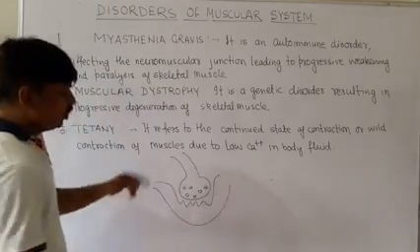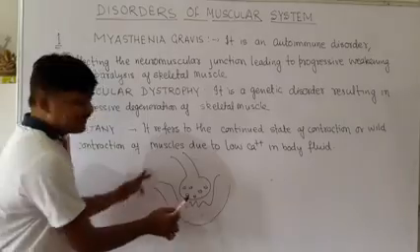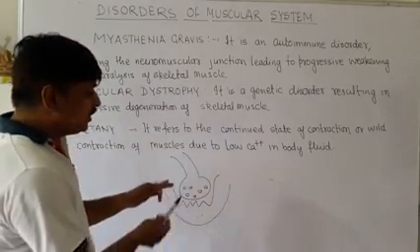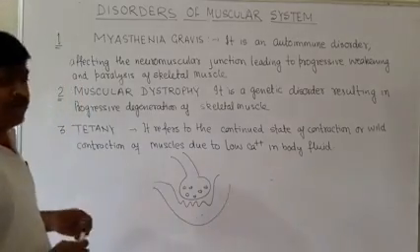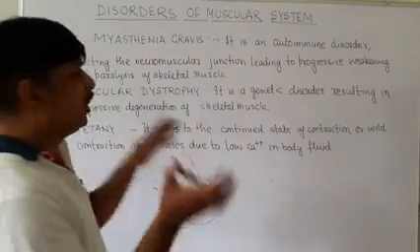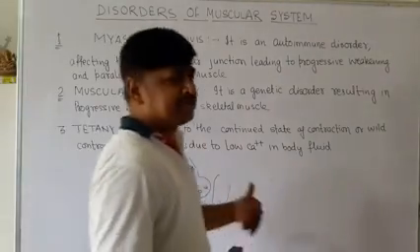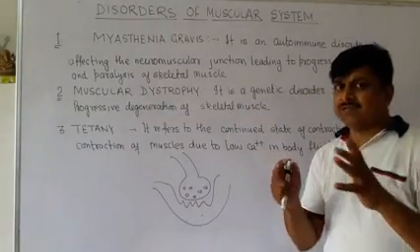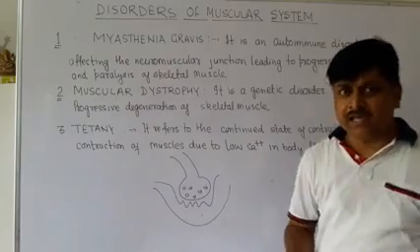So these muscles cannot get the signal and thus cannot work properly, and this condition leads to weakening of the skeletal muscles that results in paralysis. Skeletal muscles are paralyzed.